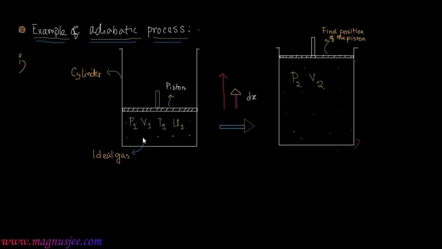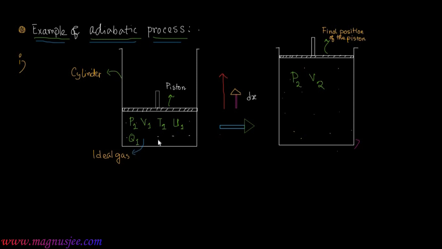Now we shall discuss the examples of adiabatic process or adiabatic change. In the diagram, we have a cylinder that encloses an ideal gas with non-conducting walls and fitted with a frictionless piston.